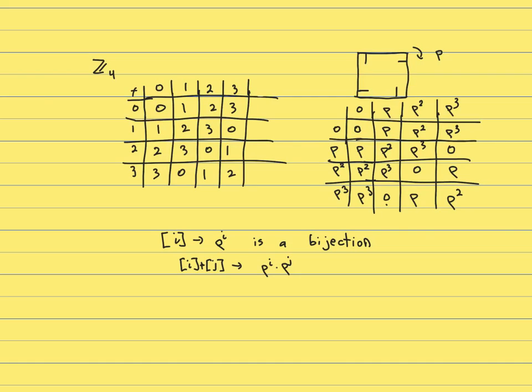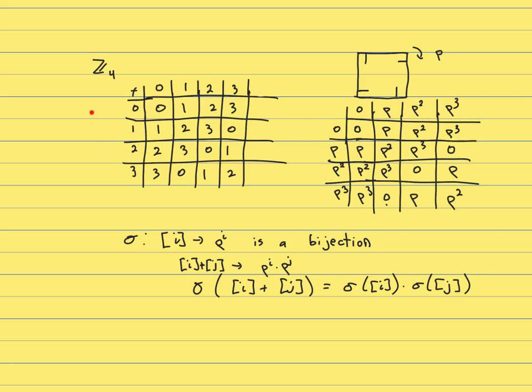What I mean is that if you look at this map, let's call this map sigma, sigma of i plus j turns out to be sigma of i times sigma of j. In other words, a rose by any other name would smell just as sweet.